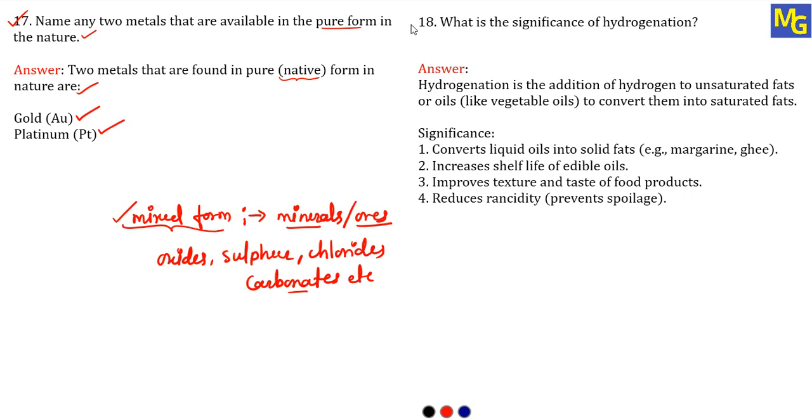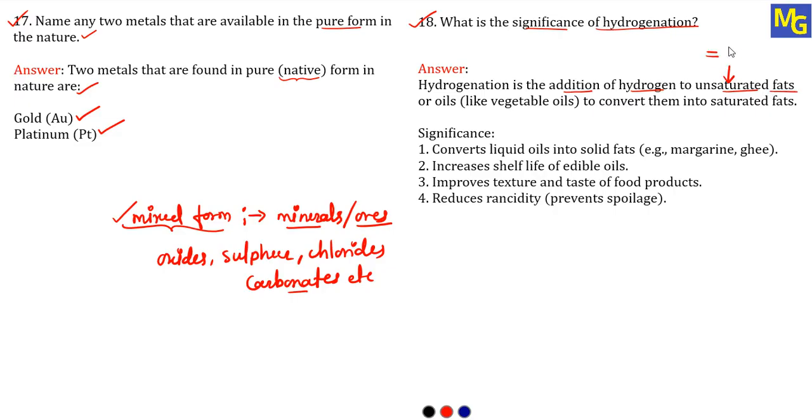Now the next question is question number 18. What is the significance of hydrogenation? Significance means what is the use of this hydrogenation? So first we'll see what is hydrogenation. Hydrogenation is the addition of hydrogen to unsaturated fats. Unsaturated means what?